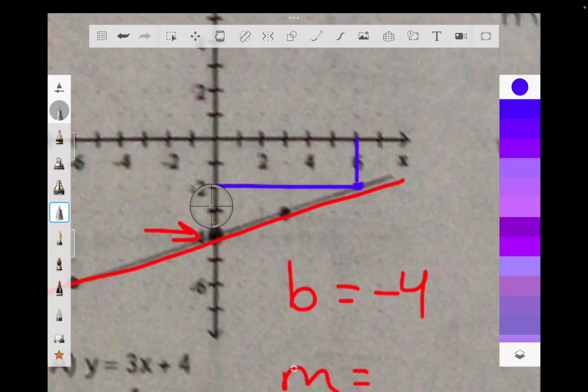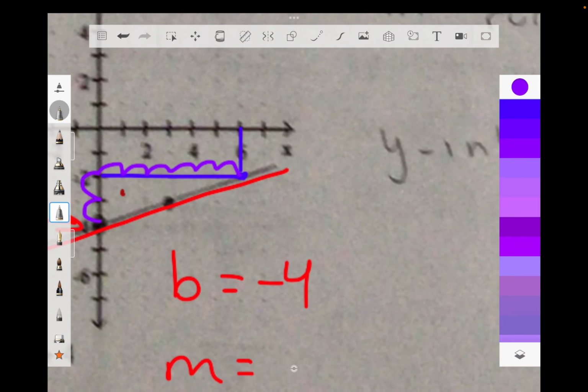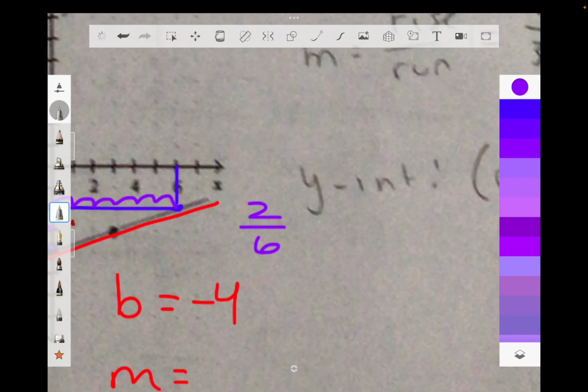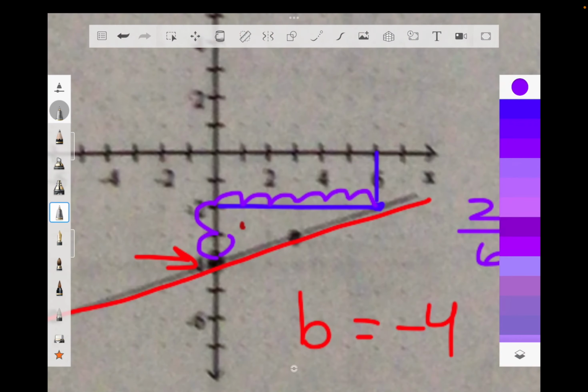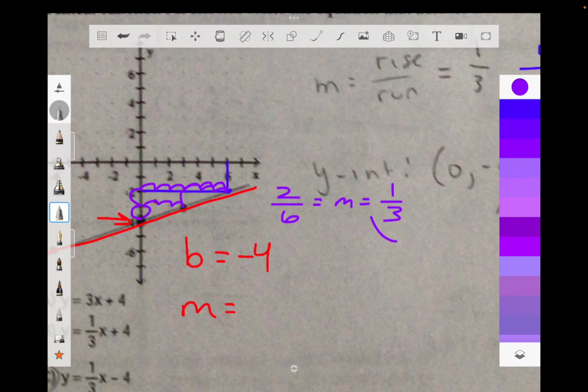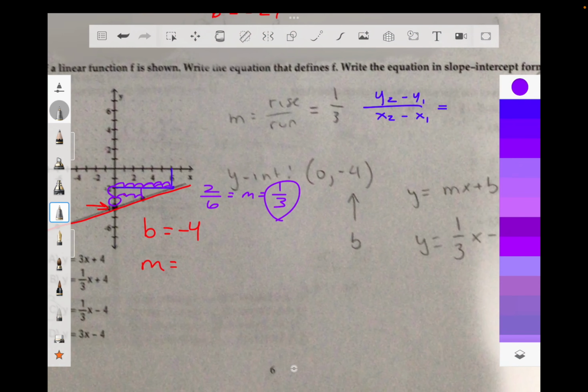It'd be up 2 over 6. So it rises 2, goes over 6. So this is m, but 2 over 6 is the same thing as 1/3, since up 1 over 3 gives you the same place. So use the smaller number, 1/3.